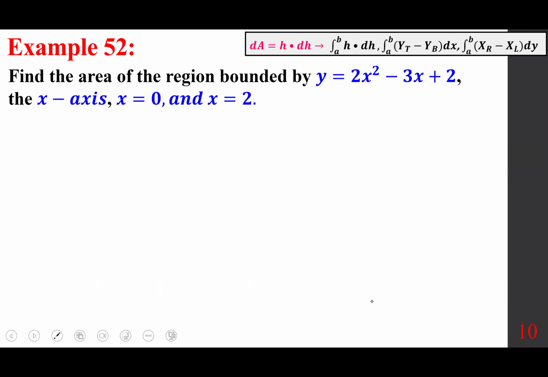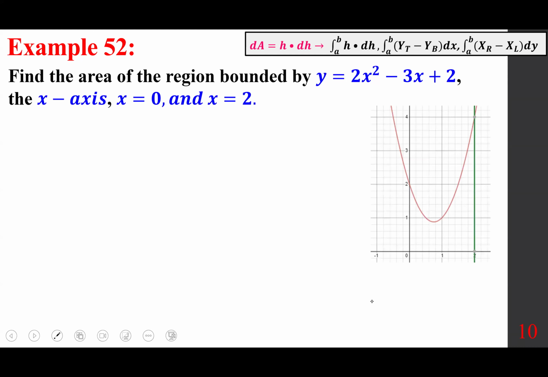Find the area of the region bounded by y equals 2x squared minus 3x plus 2. I hope you realize it's a parabola and everybody can graph it. X equals minus b over 2a represents the location of the vertex and so on. I'm going to assume no one has any problem graphing this.